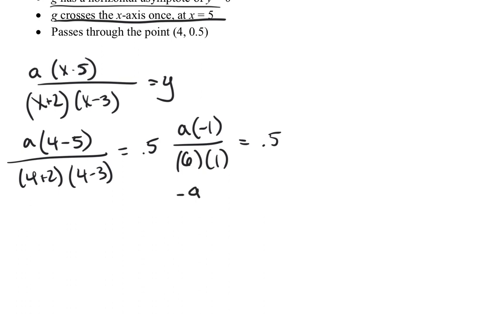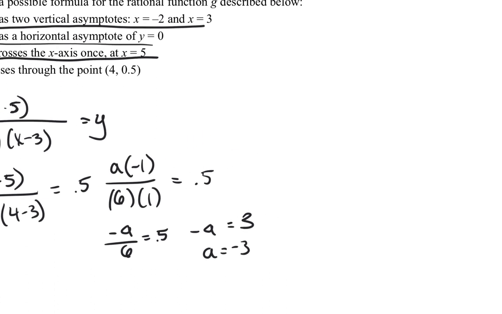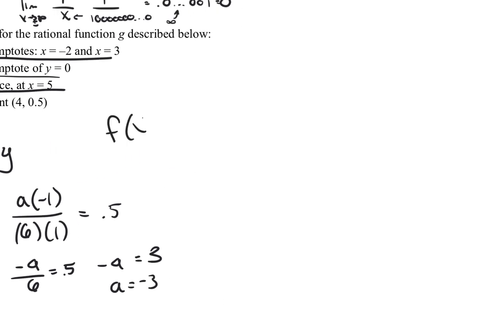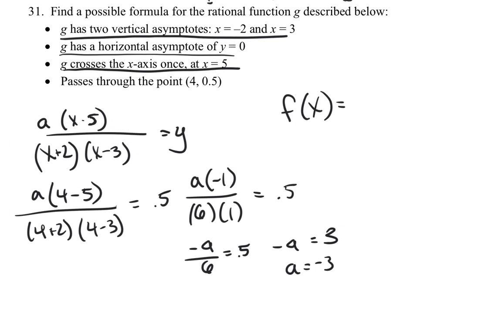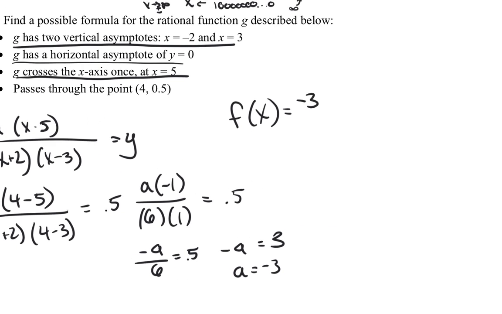So negative a over 6 equals 2.5, negative a is equal to 15, so a is equal to negative 15. So that means my function f of x is going to be equal to negative 15 times (x minus 5) over (x plus 2)(x minus 3).